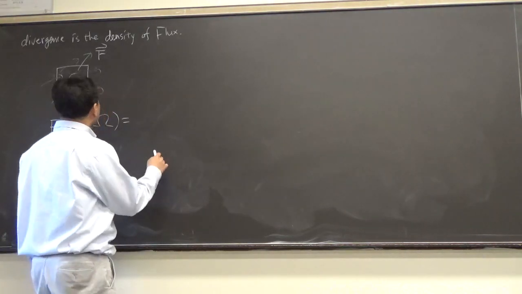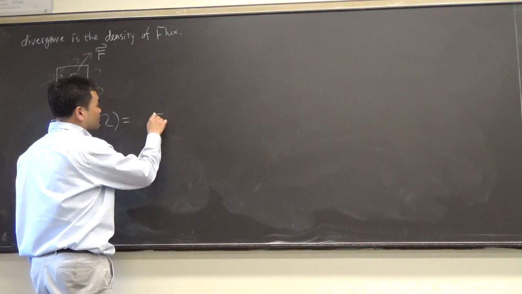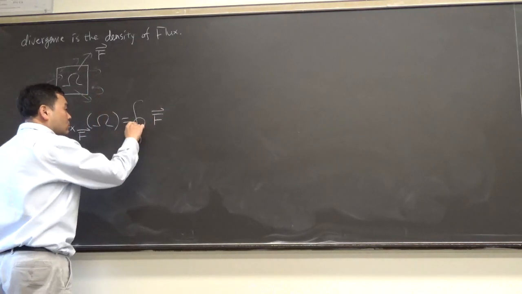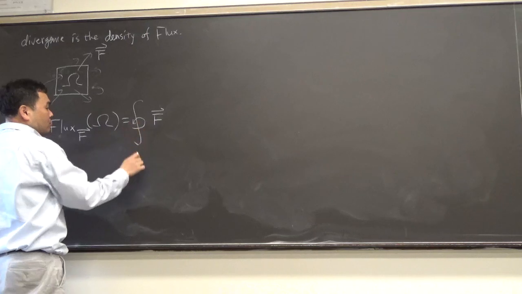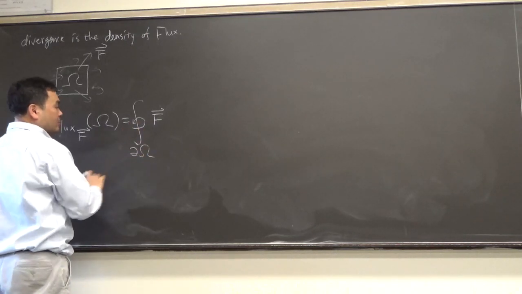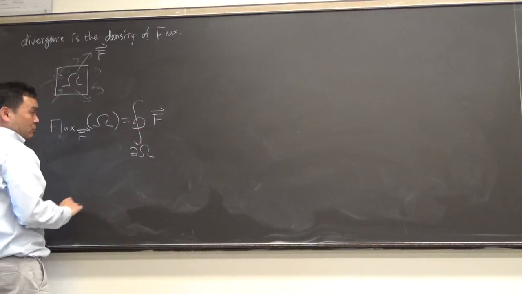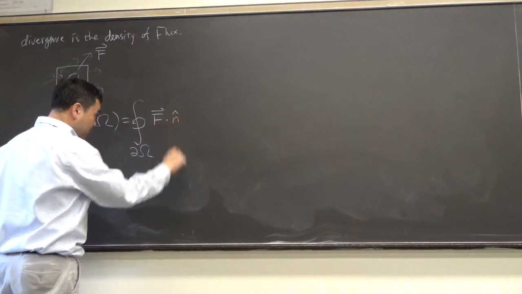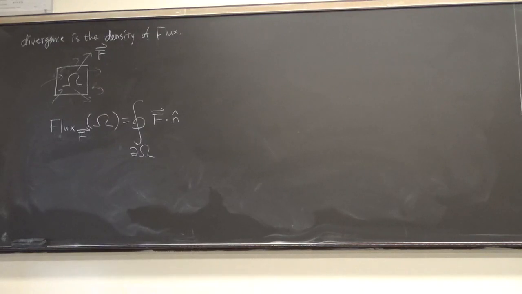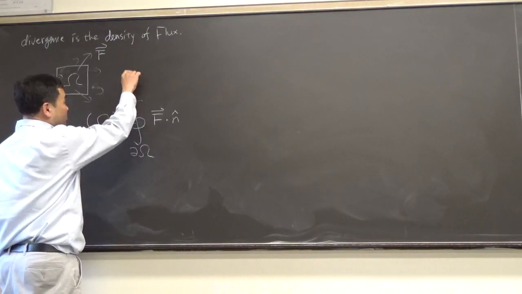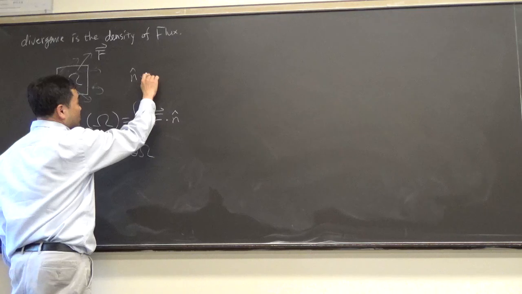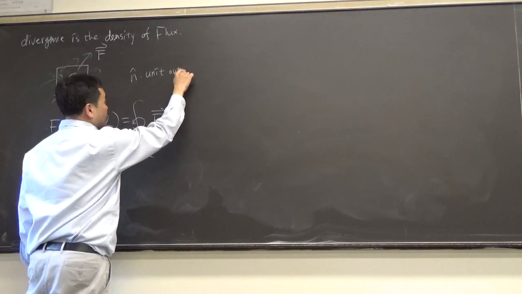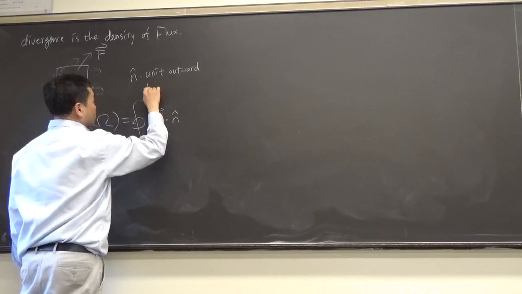You go around the boundary of omega, and then you do a dot product between F and the unit outward normal vector.